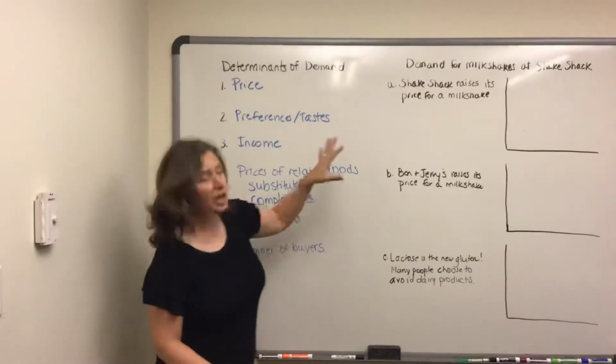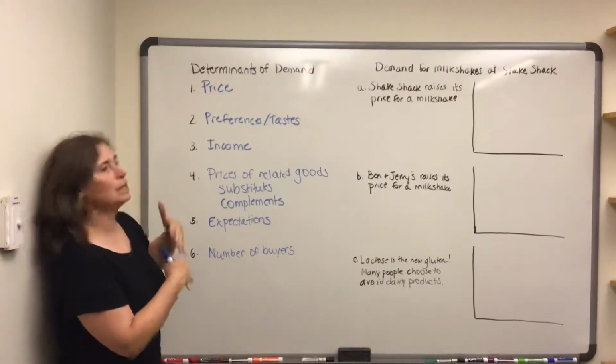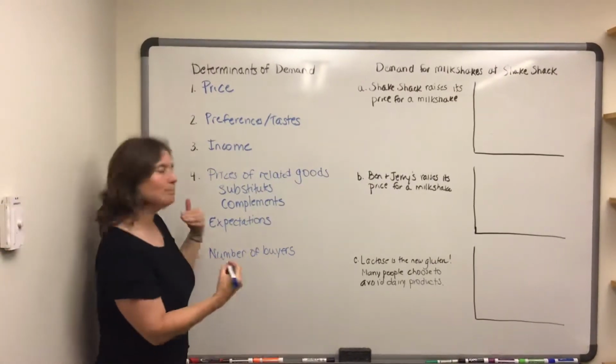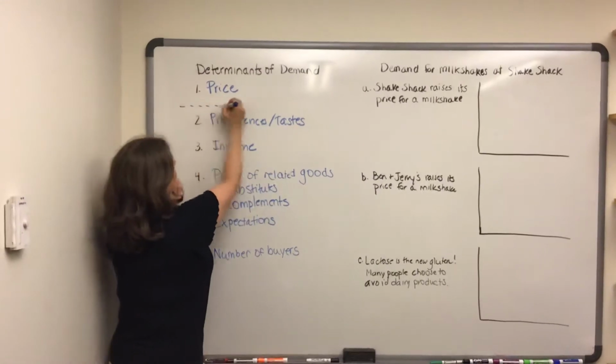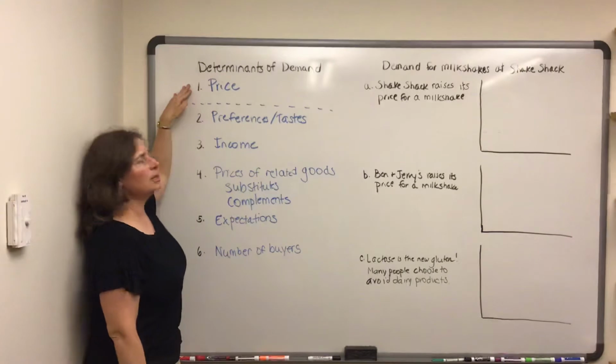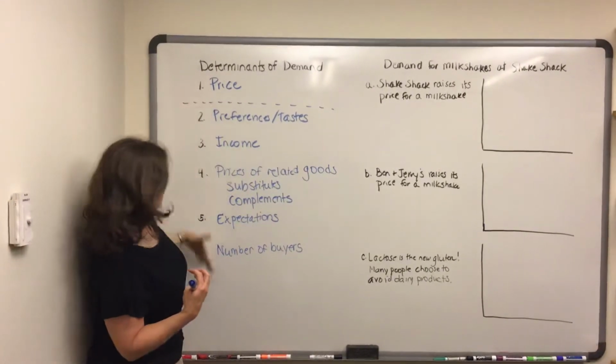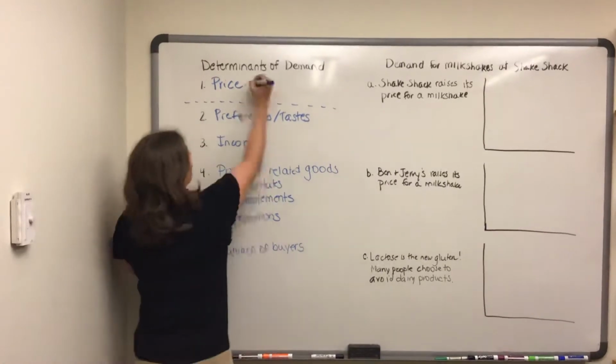Now, before I move on to these specific examples, I just wanted to make a distinction between the types of determinants. In particular, I'm going to draw a little dashed line up here. Why? Because the price of the good is a little bit different, or is a special determinant of demand. It's distinct from these other categories.